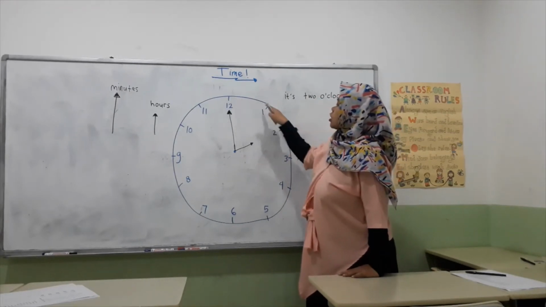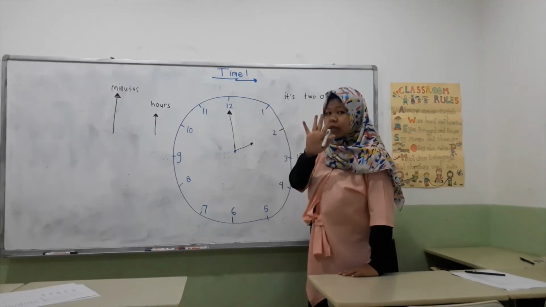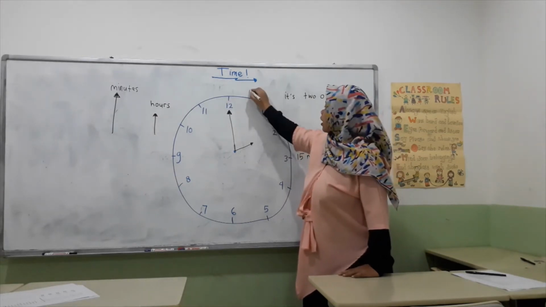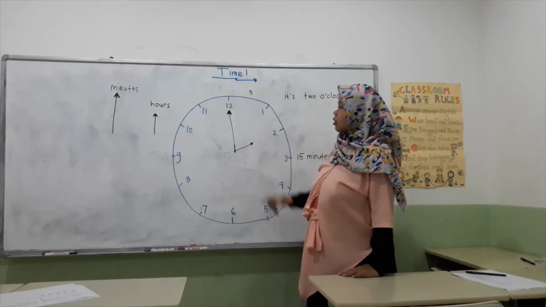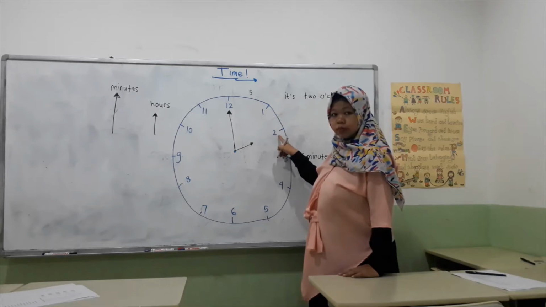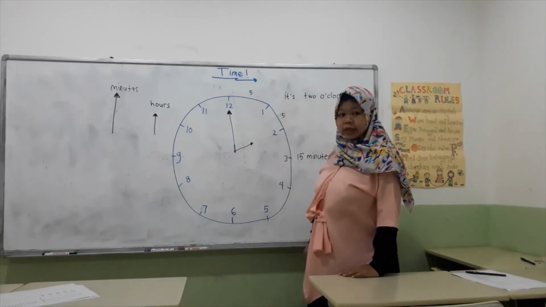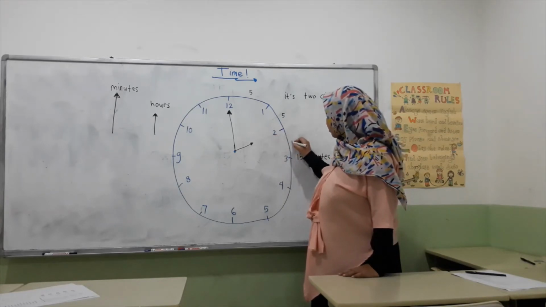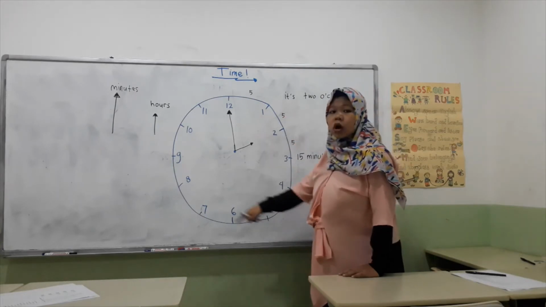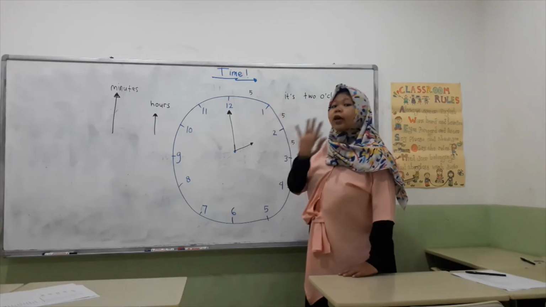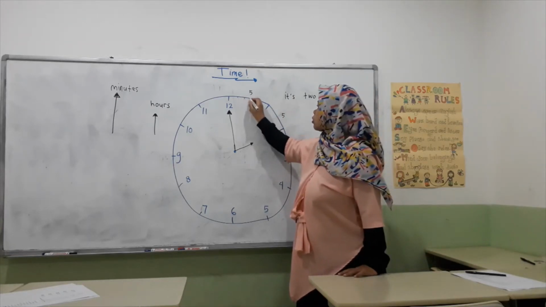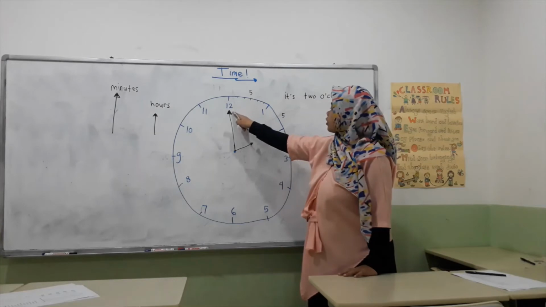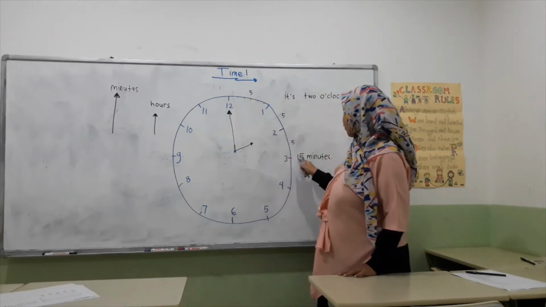Because each number will have 5 minutes. 12 to number 1 will have 5 minutes, 1 to number 2 will have 5 minutes again, and from number 2 until number 3, we'll have 5 minutes again, and so on. Each number will have 5 minutes.